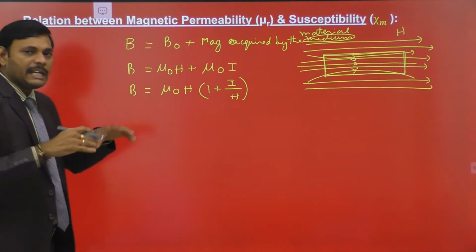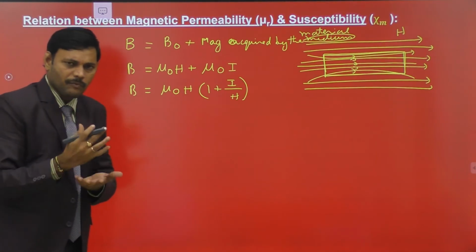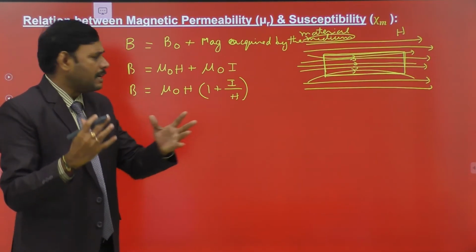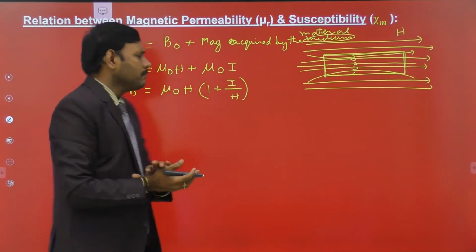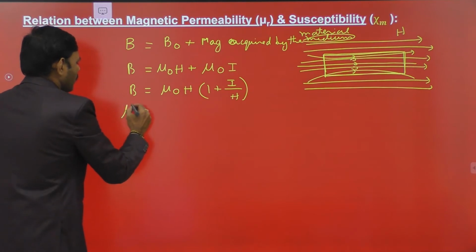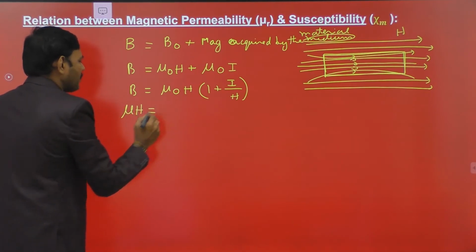And the magnetic field in any given medium, here this is the medium, is mu into H, where mu is the absolute permeability of the medium.